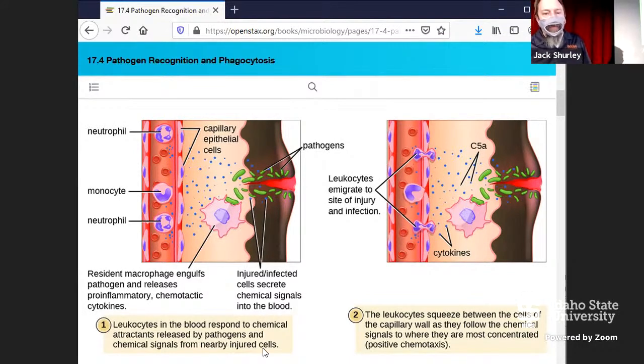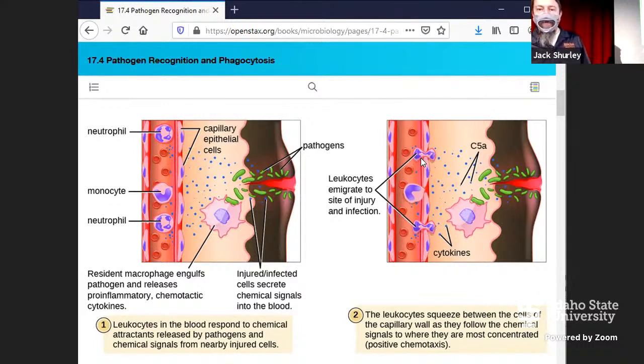So this stimulates the cells within the circulation to start moving out of the circulation into the tissues and trying to fight off these foreign invaders.